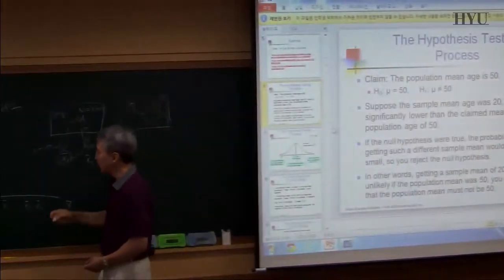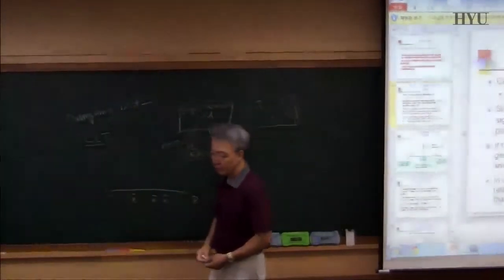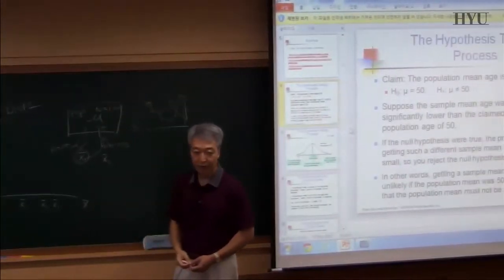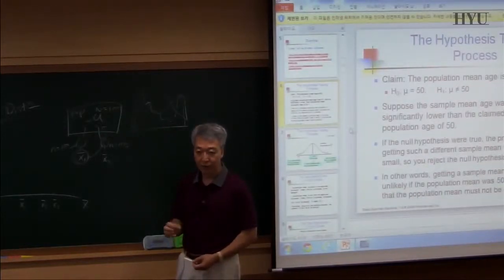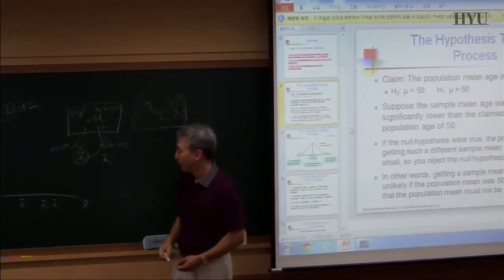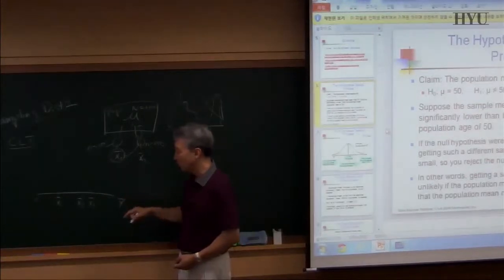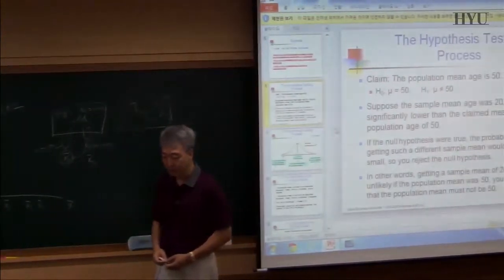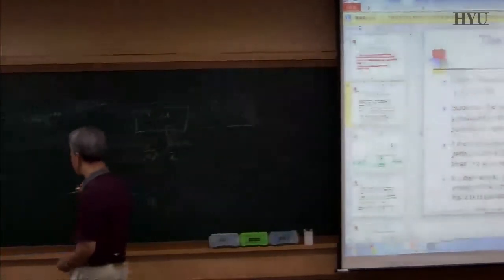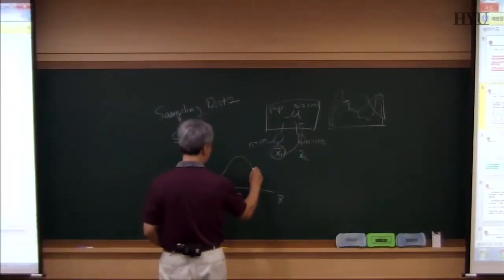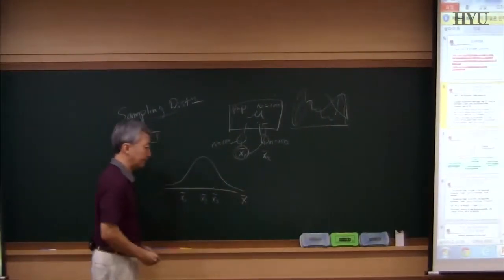But the central limit theorem says, as long as you select a sufficiently large sample, the sampling distribution, in other words, the distribution of the sample statistic, will have a normal distribution.